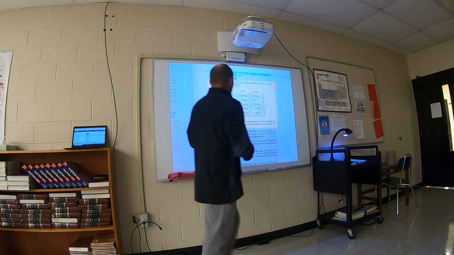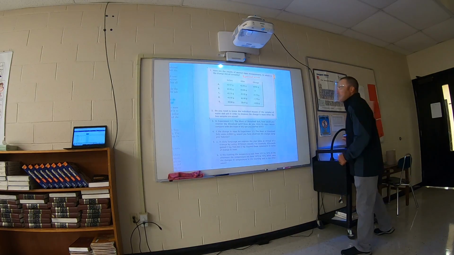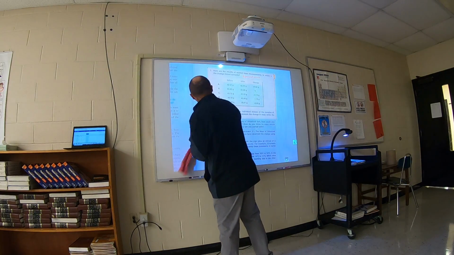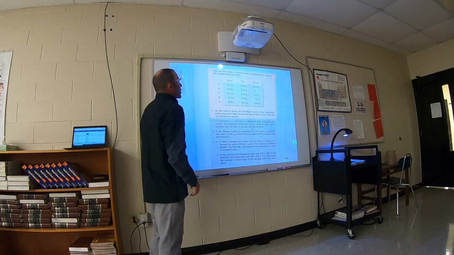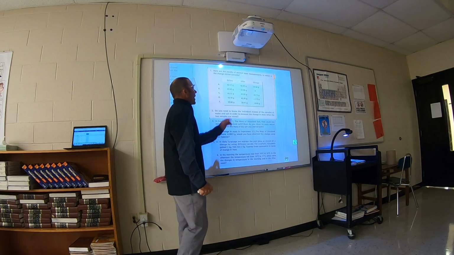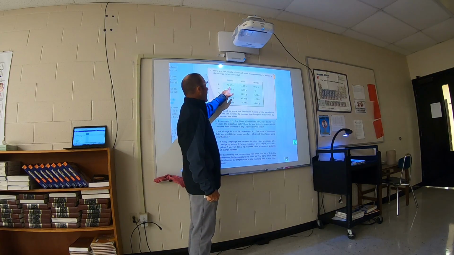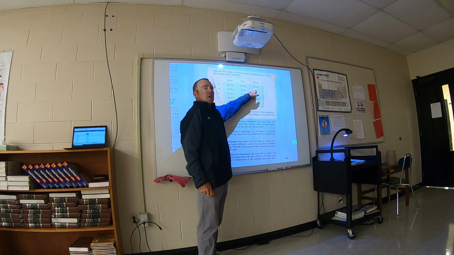So let's go through and answer questions 1 through 5 also. Number 1, says here the results of several mass measurements in which is the change stated correctly. So if the mass before is 42.67 and the mass after is 42.65, is that correct? No, it shouldn't be plus 0.02, it should be minus 0.02.